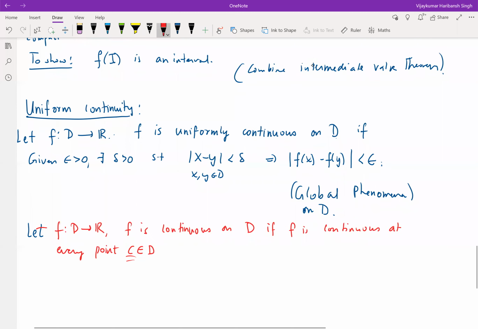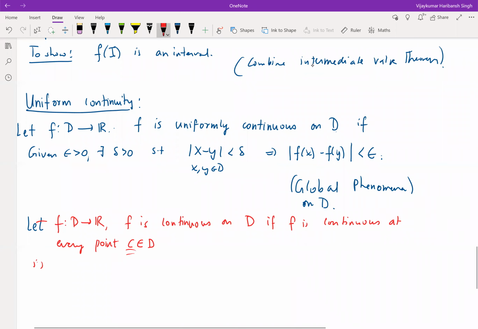All right, and that is, given epsilon greater than 0 and given C belonging to D, there exists delta greater than 0 such that what happens? |x - C| less than delta implies |f(x) - f(C)| is less than epsilon.